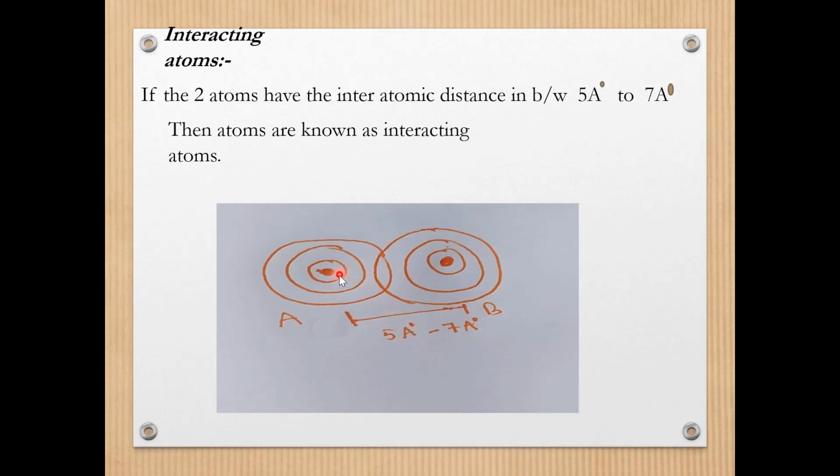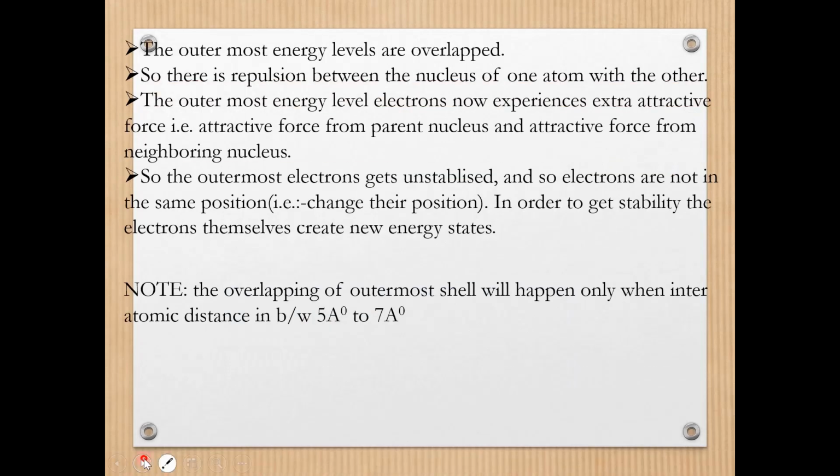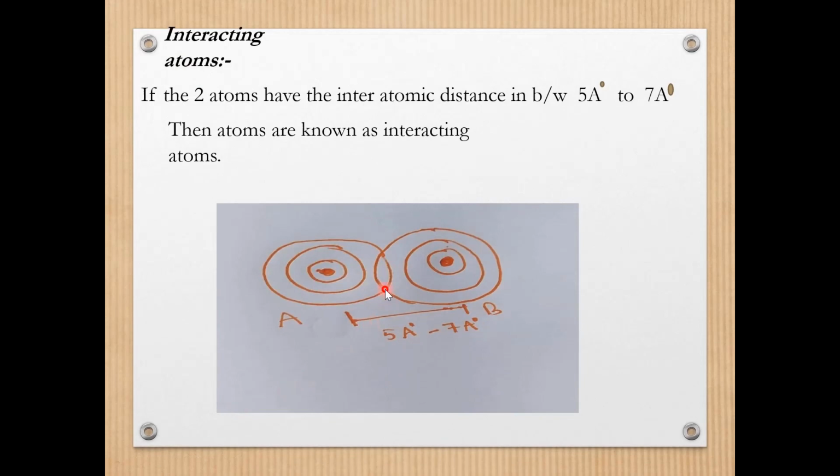Then atom A and atom B are known as interacting atoms. So the outermost energy levels overlap. As you can visualize, the outermost orbit of atom A overlaps with the outermost orbit of atom B.